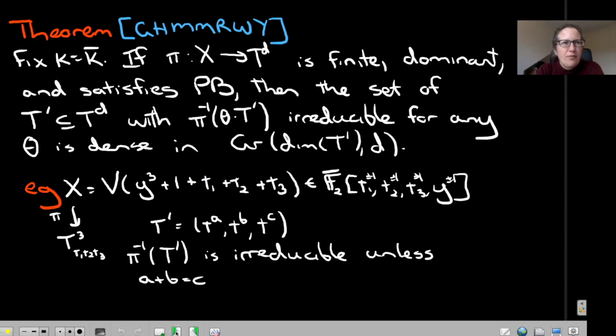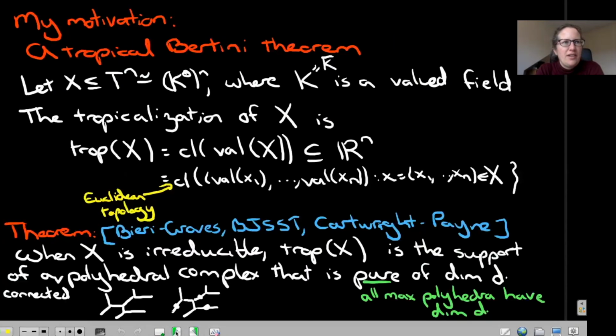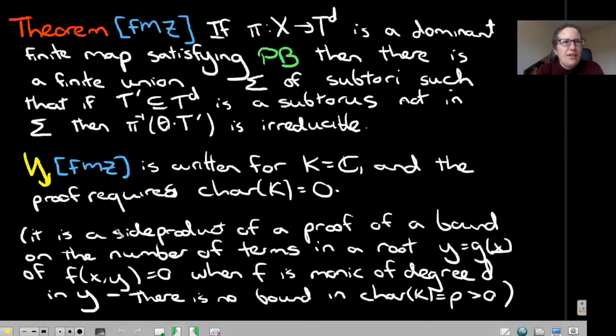I think, if I come back to, I think I told you here that with Fuchs, Mantova, and Zannier, they were worried about bounding degrees of roots of polynomials when f is monic of degree d.